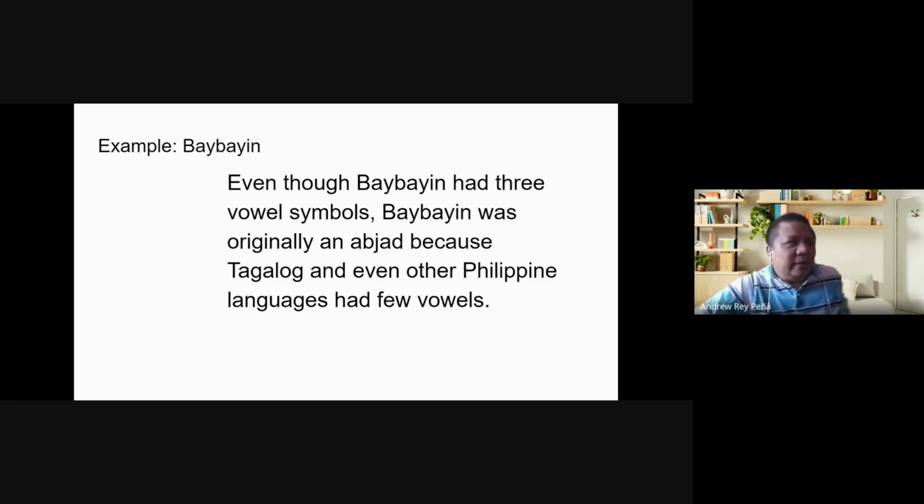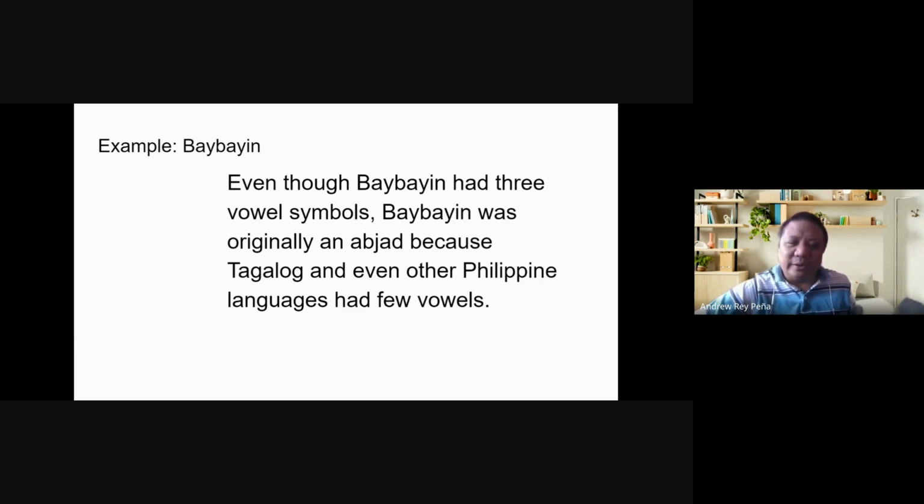For many languages in the Philippines, e and a are not very distinguishable. In Tagalog, the o and u are not very distinguishable. They could be distinguished in some words, but in some other words like totoo and totoo, noon and noon, they're not very distinguishable.